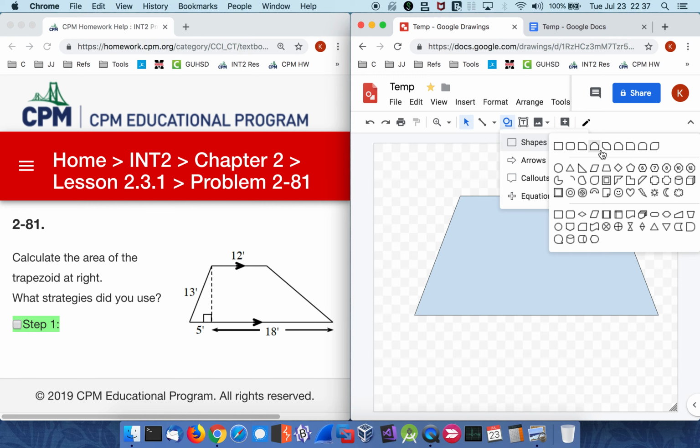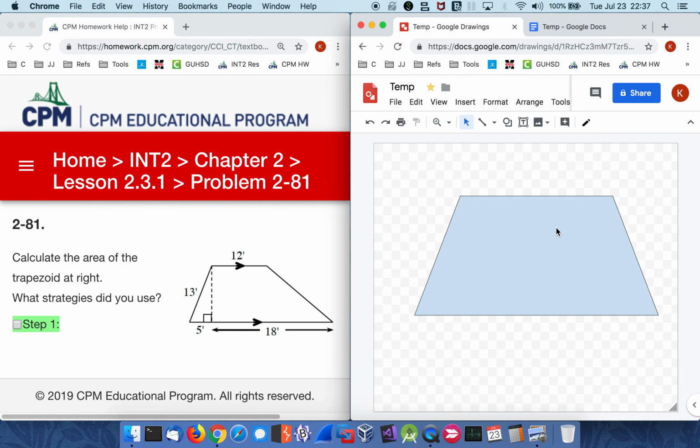Do we have other trapezoids? Diagonal stripe, parallelogram, diamond. I don't really see the shape that I'm looking for. Flowchart. Alright, well, I guess we'll go with this one. This will work for now.